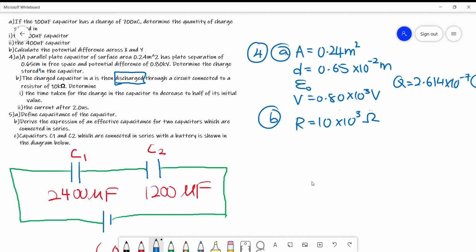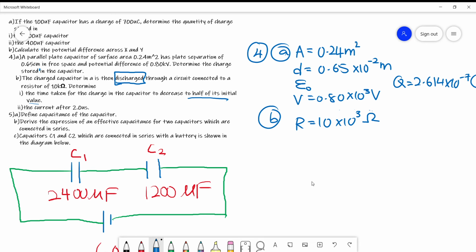Determine the time taken for the charge in the capacitor to decrease to half of its initial value.